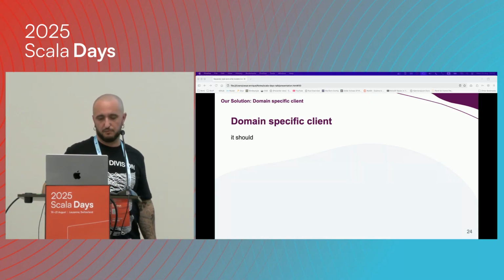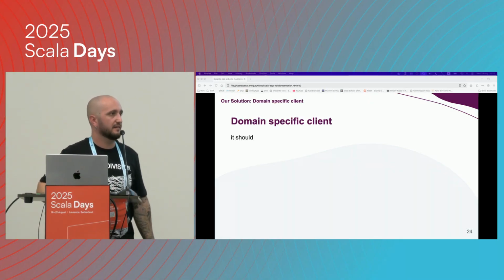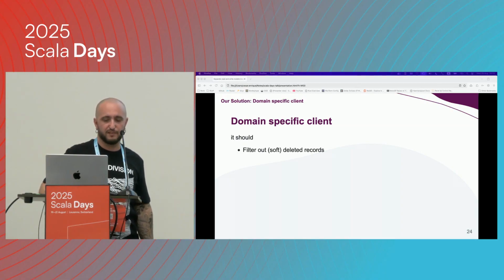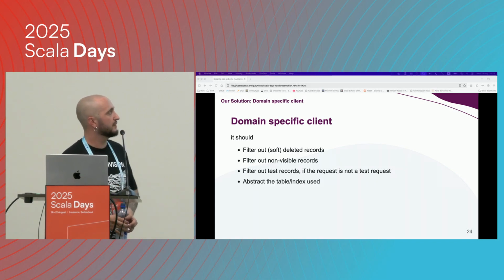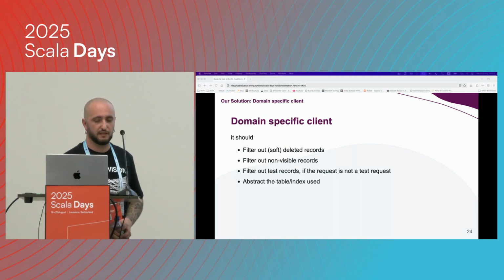And now let me talk about the client a little bit. So ideally, the client that we want to wrap this will filter out all the records based on different things, like the soft-deleted records, non-visible records, test records. And also, we wanted to abstract the names of the table or index.